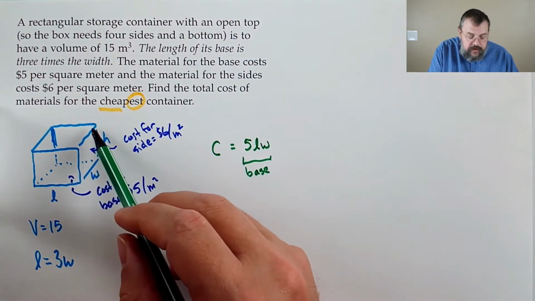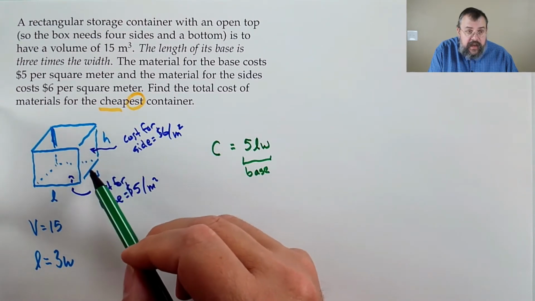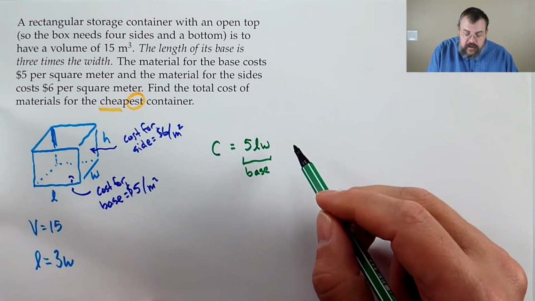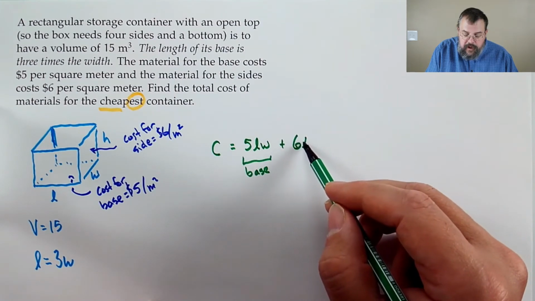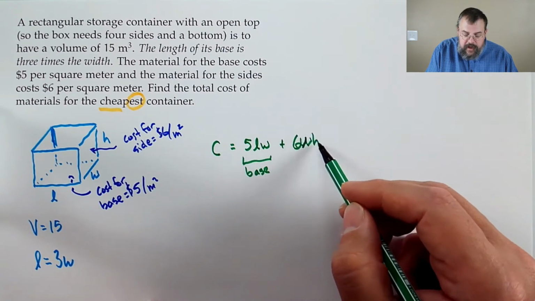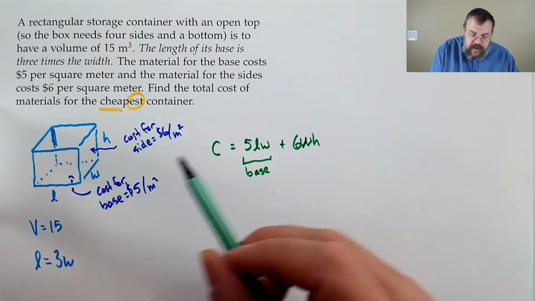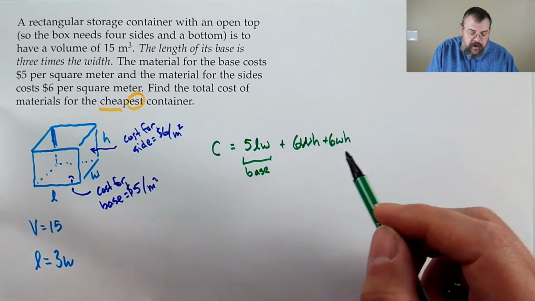Now, here's another side of the box. And this has area width times height. Okay, and what's the cost? $6, so plus 6 width times height. But notice there's also another side opposite, which has the same area, same cost, 6 width times height.